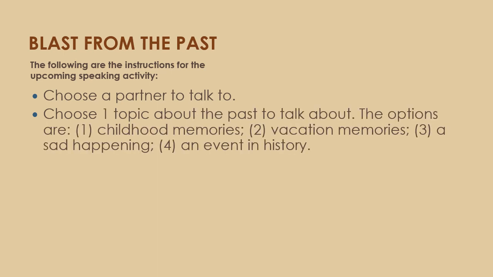Choose one topic about the past to talk about. Your conversation can be about childhood memories, or vacation memories, or a sad happening in your life, or an event in history. So you just choose one topic to talk about. Okay?